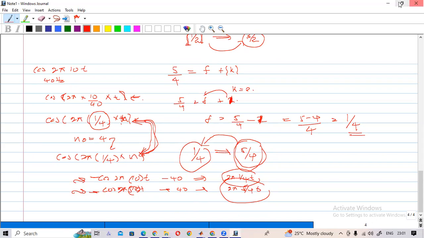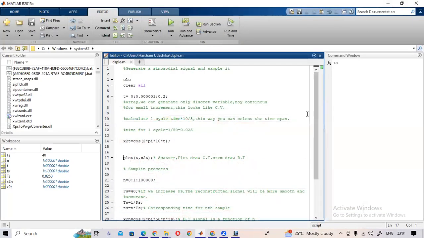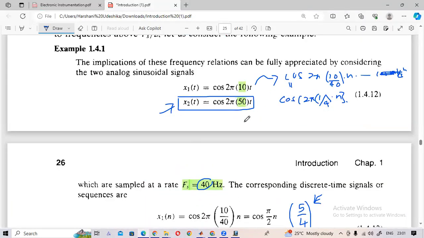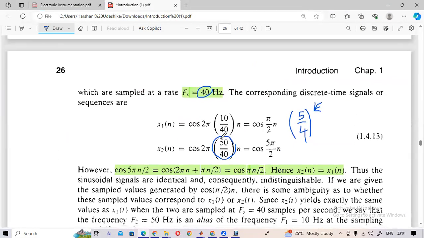So now if you want to get rid of this aliasing, what do you have to do? This normalized frequency should be less than half. To make this normalized frequency less than half, what do you have to do? The normalized frequency f is the signal's continuous time frequency divided by fs.